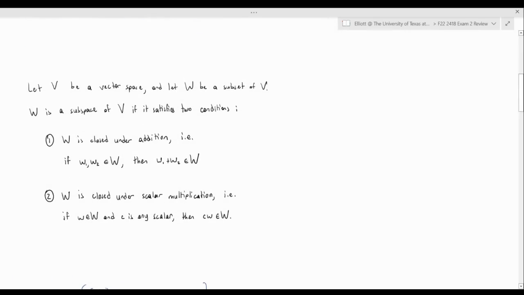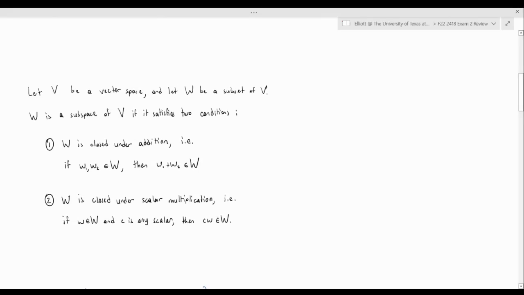To check if you have a subspace, there were two conditions that you needed to verify. First, to be a subspace, your set has to be closed under addition. What it means to be closed under addition is that if you take any two elements of your set, their sum should also be in the set.